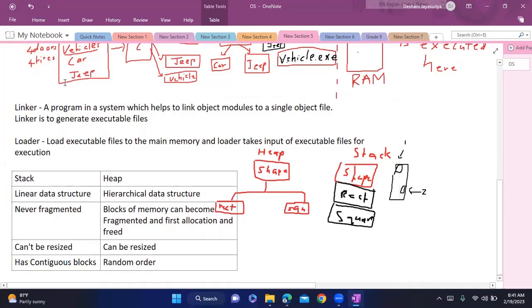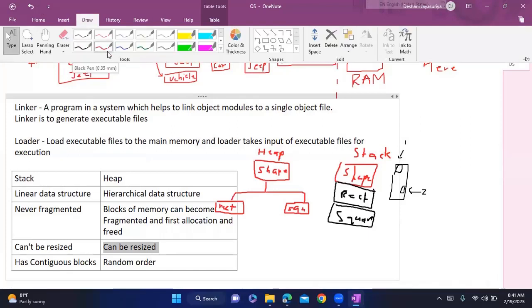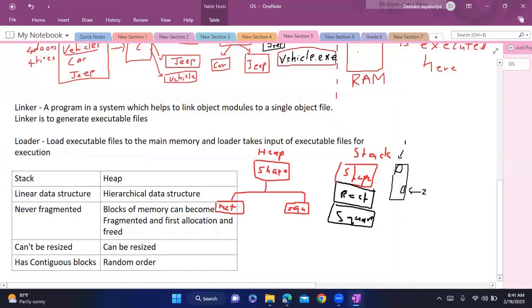Right. So when it comes to this one, because it's not in fragmented spaces, you can't resize it, right? But heap can be resized and made smaller when one part, say the first part, is executed. So try to draw this part as well, right?